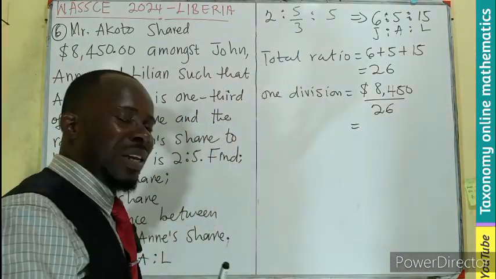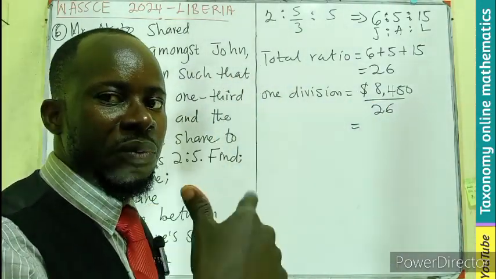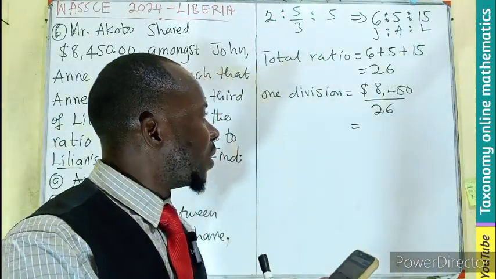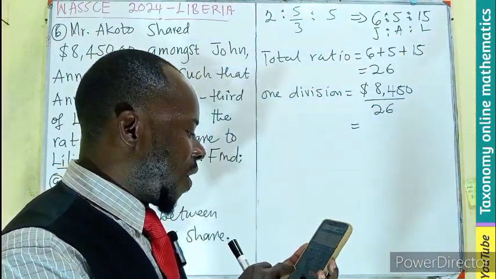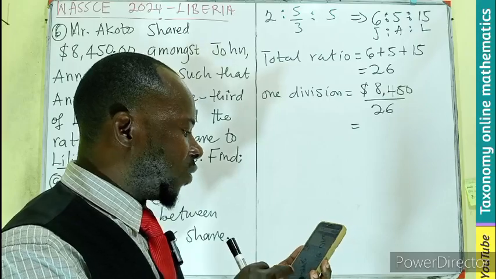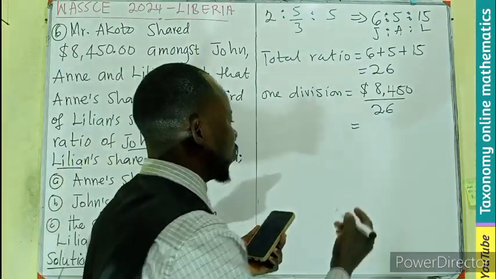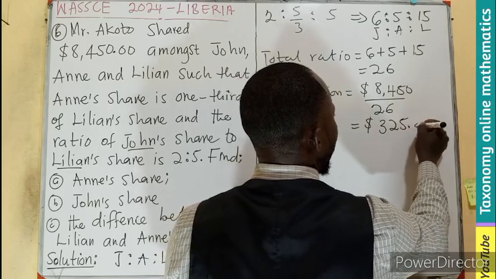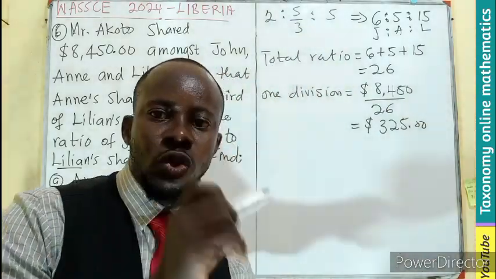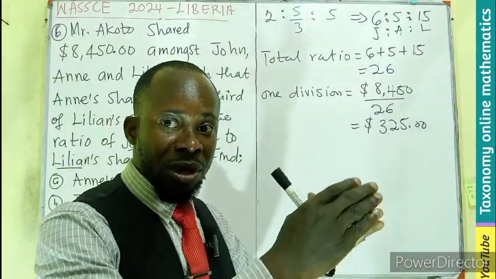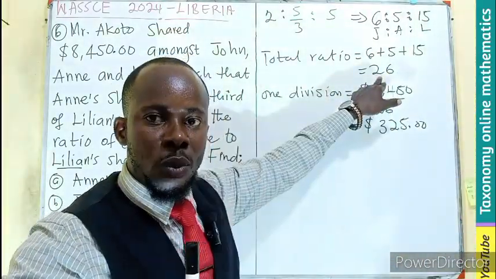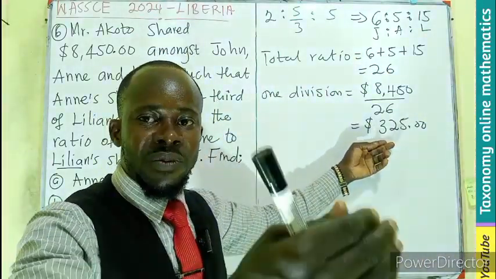We are finding what will be in that one division if we divide the money into groups. In each group, how much would that be? 8,450 divided by 26 is going to be $325. So it means the money is being grouped into 26 groups. Each of the groups will comprise 325.